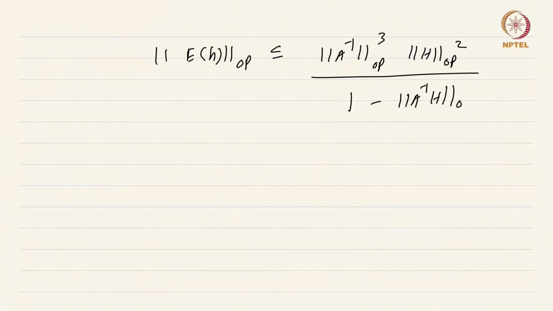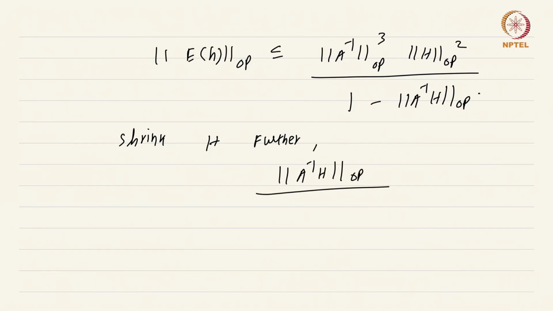Okay, now shrink H further, that is, make H closer to 0, to make sure that the norm of A inverse H operator norm divided by 1 minus the norm of A inverse H operator norm is less than half. This can certainly be done.